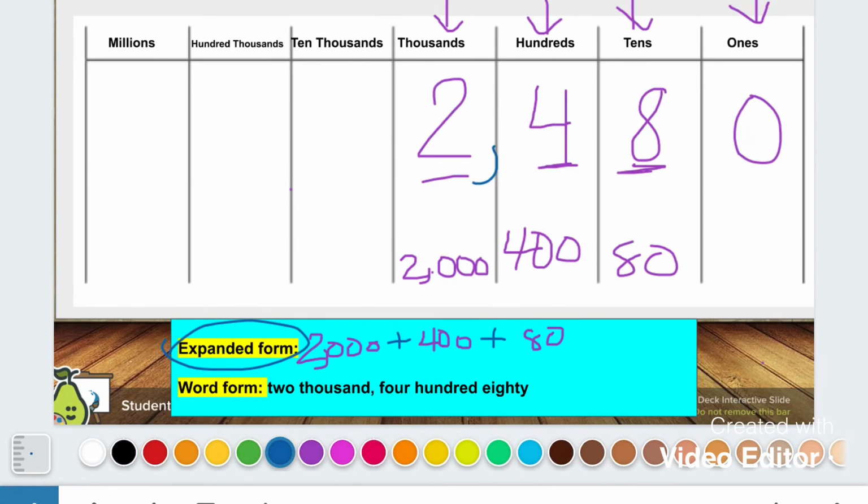You read my mind. Absolutely. We're putting addition symbols so that anyone who's reading our work knows that in order for us to get to the total number of 2,480, we have to combine these values, so we have to add addition symbols.